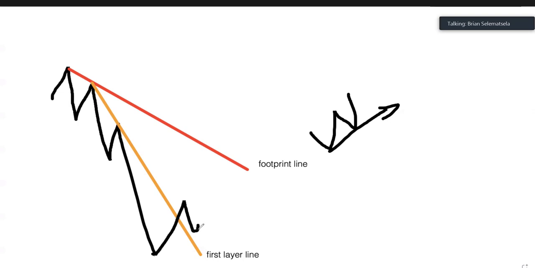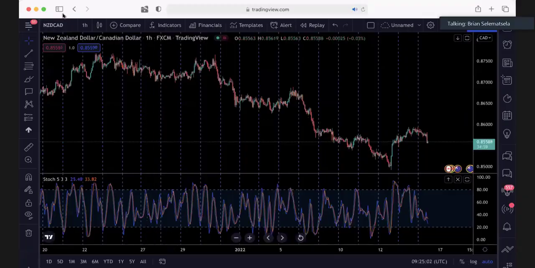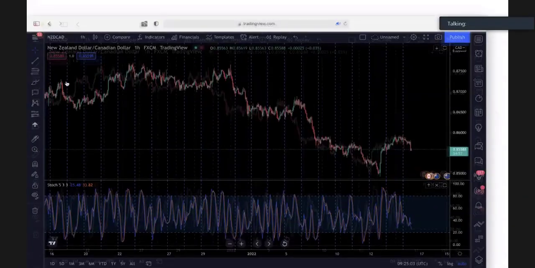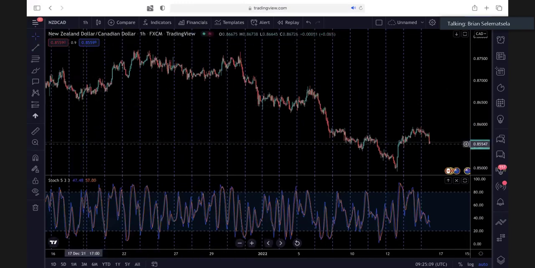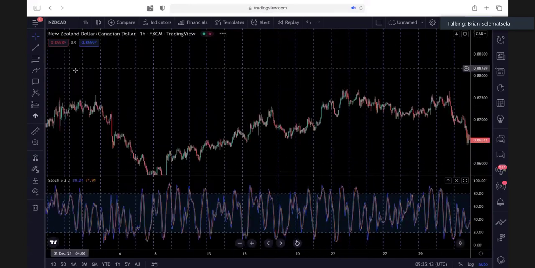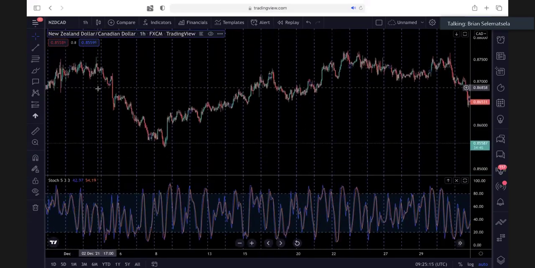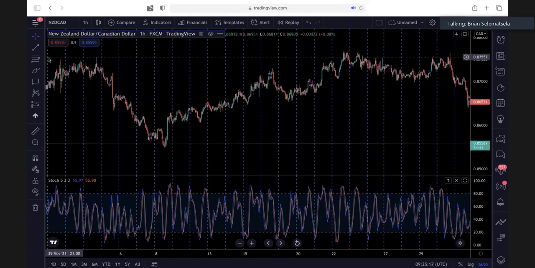So now, after the market pulls back, what we normally focus on is the divergence, and how we go about spotting the divergence when the market reaches that point.